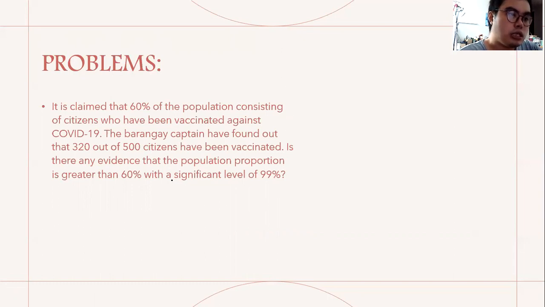This 99% is the confidence level, which will be 0.01. This 99% is really the confidence level. However, we have decided to subtract 99% from 100%, which leads to 1%, also known as 0.01. So now we have stated the significant level.